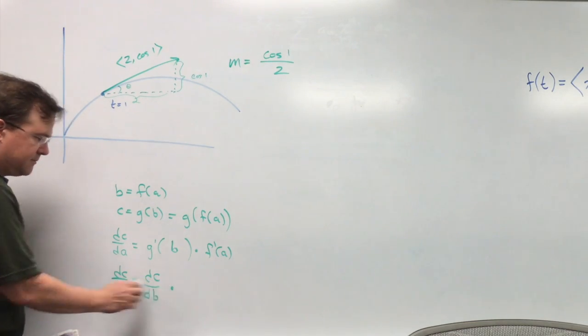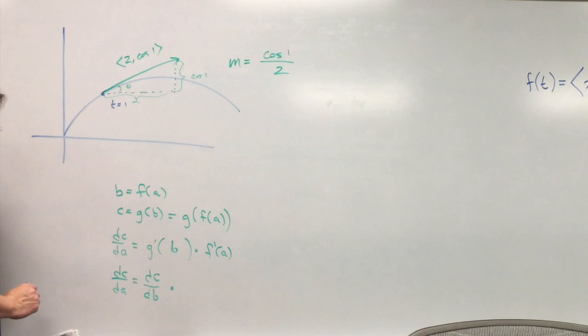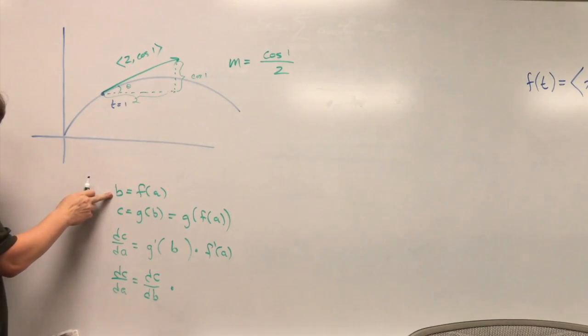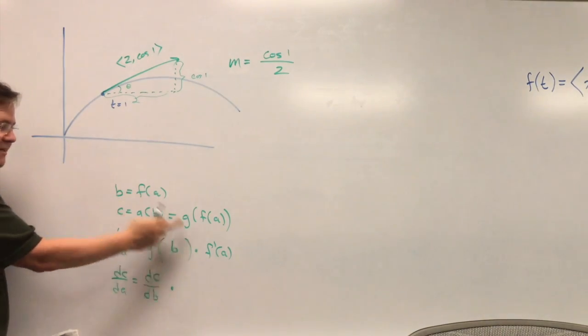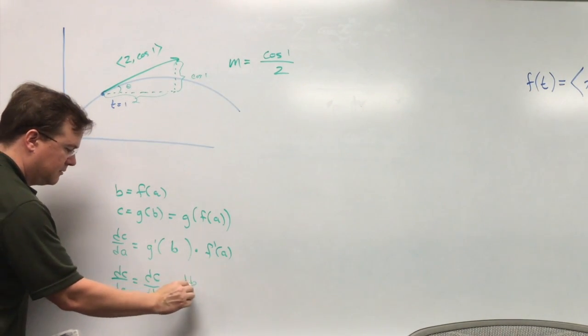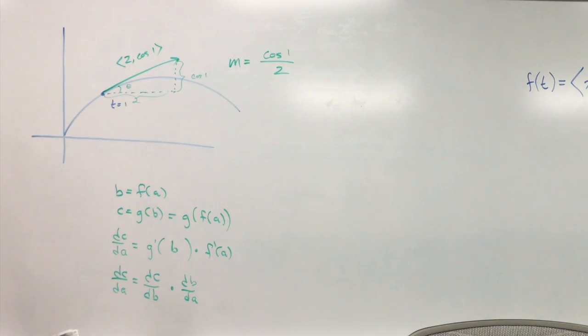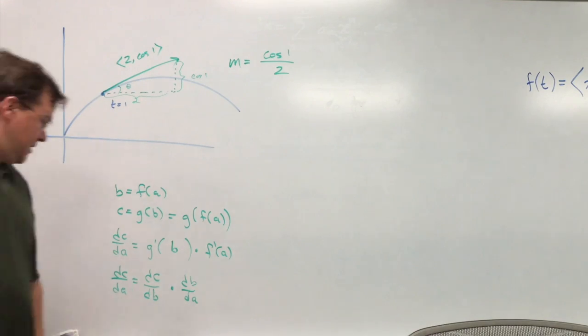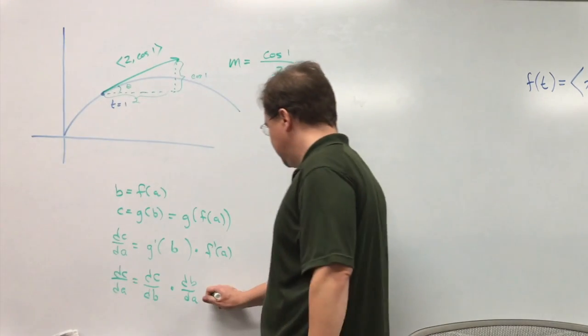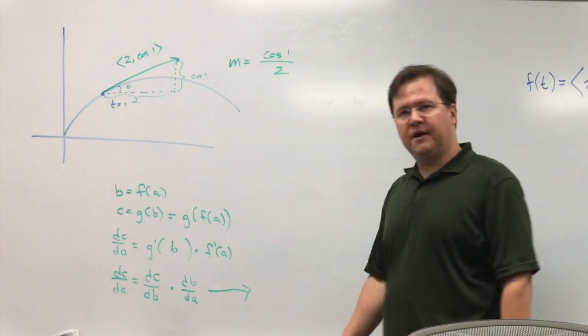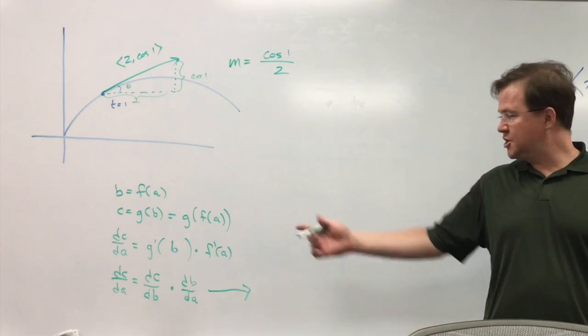Multiplied by the derivative of b with respect to a, since f is b. It's just saying the same thing with Leibniz notation, right? And that's another way of stating the chain rule.